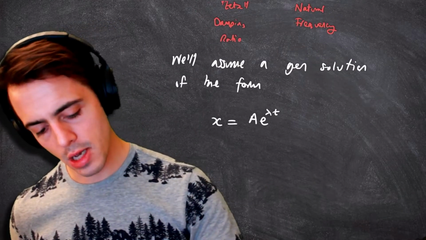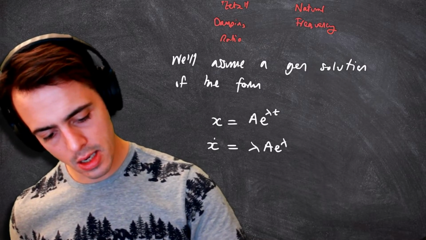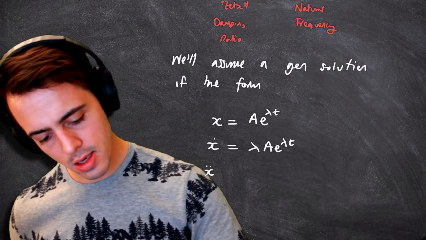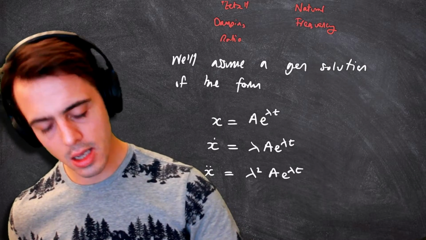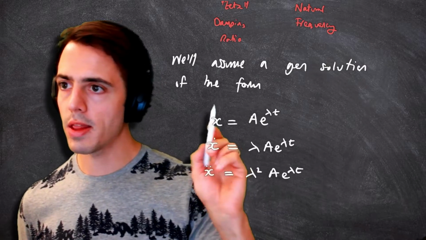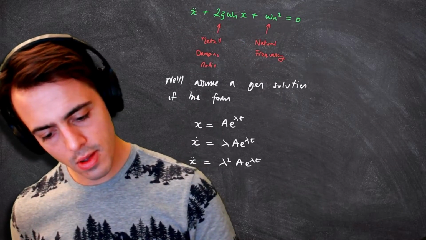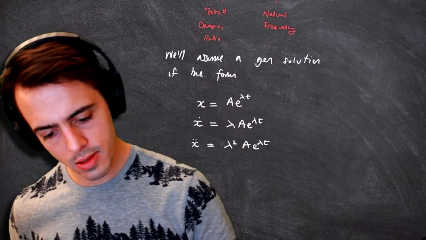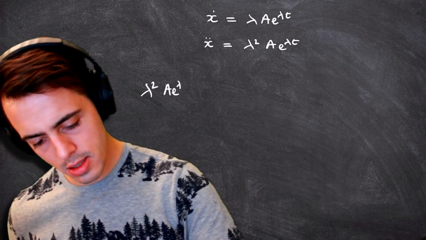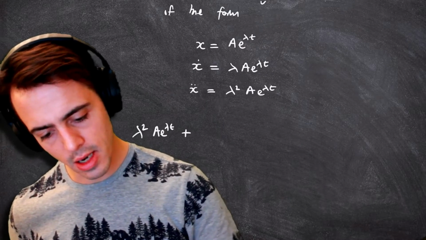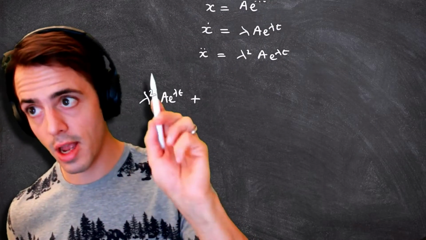Okay, so we can then go through the calculus. x dot is equal to lambda A e to the lambda t. x double dot is equal to lambda squared A e to the lambda t. So we can then take these and substitute them back into our original equation. So I get lambda squared A e to the lambda t, plus, substituting into 2 zeta omega n multiplied by x dot, lambda A e to the lambda t.